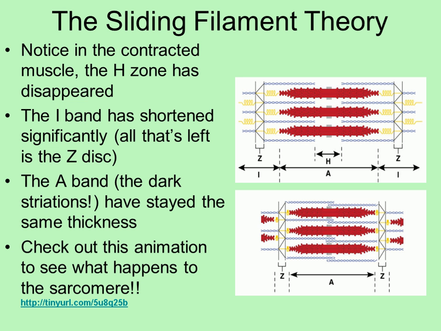Well, those stripes are caused by the A band, the thick myosin. It causes those striations. Check out this animation. It will also help you understand what happens to a sarcomere.